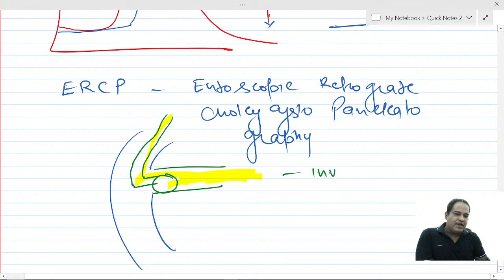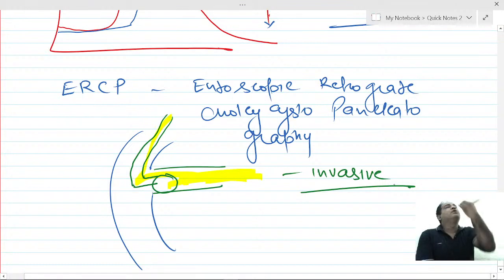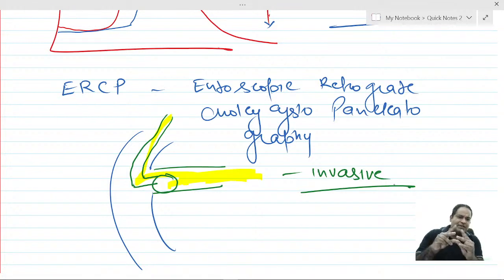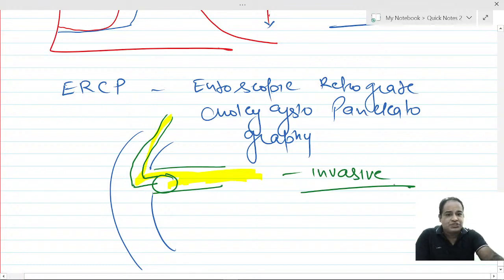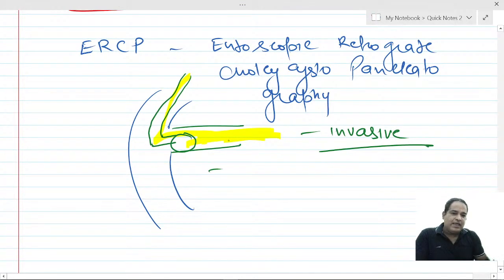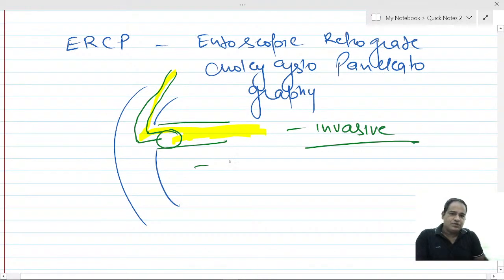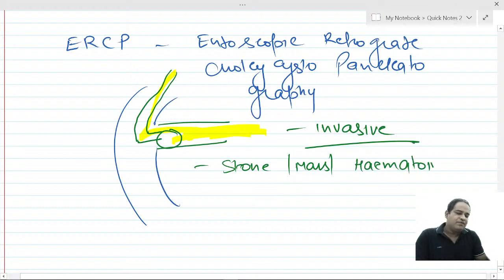So ERCP basically is an invasive procedure. We are going very deep. We are doing endoscopy. Then we are reaching the stomach. Then we are reaching the intestine. And then we are injecting a dye to see if any stone, any mass, any hematoma is present in the duct or not.